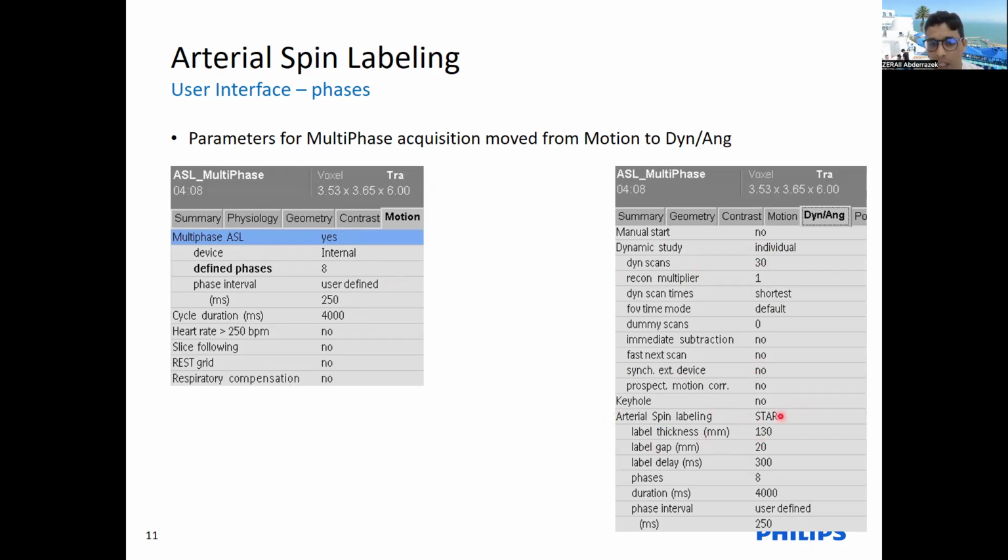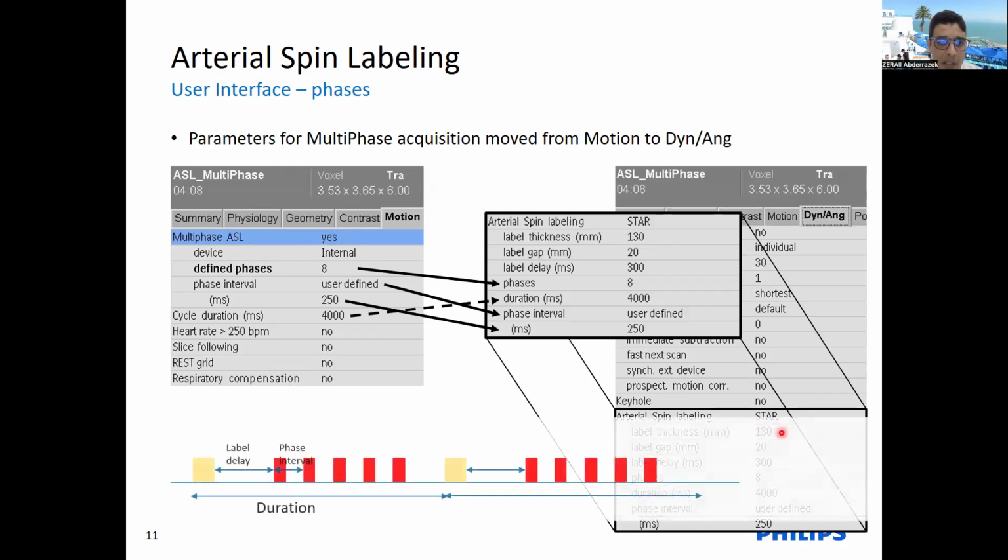You can modify it, as you know, by STAR or pseudo-continuous or other, and make sure that this parameter is dependent on the package that you put inside the acquisition. So this is the phase, this is the mode, this is the parameter that you can use. This is the duration between the delay and the control image, and you can repeat through different dynamics.